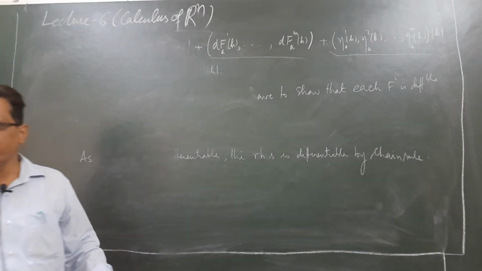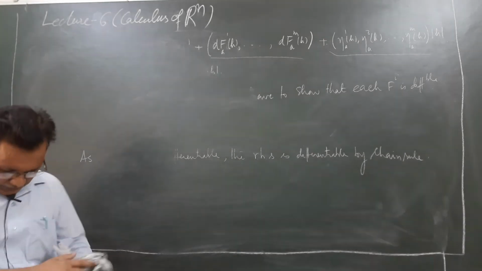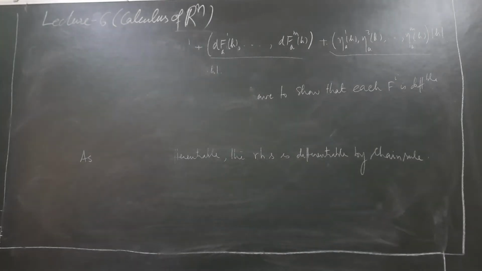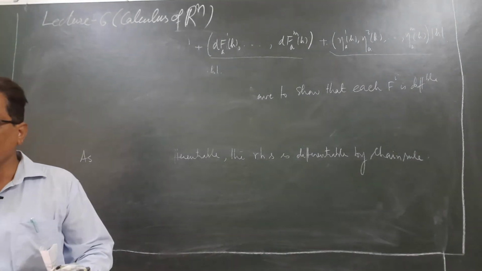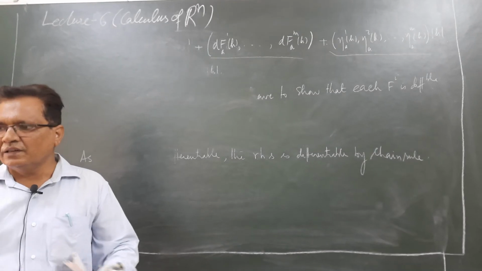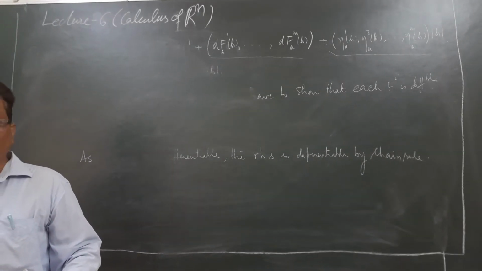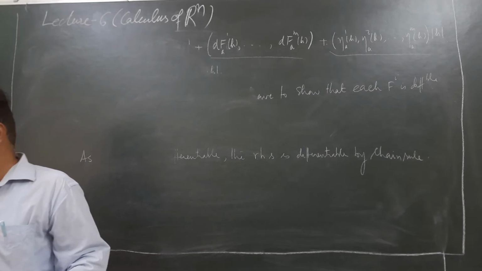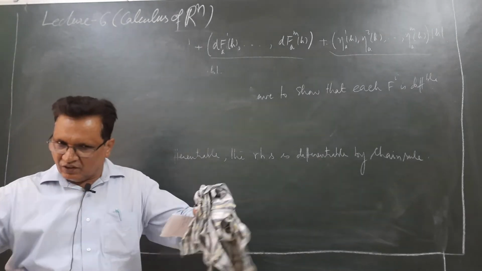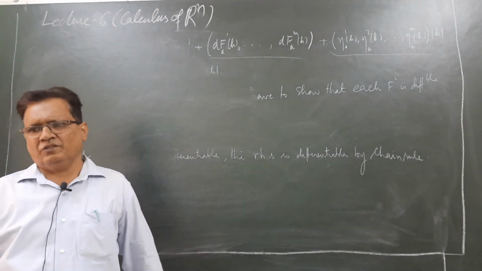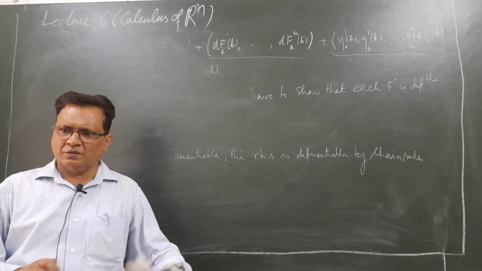If x_i is continuous and f is continuous, then the composition of two continuous functions is continuous, that is also true. But for differentiability, you have to use the chain rule. Without using the chain rule, you can't say it. The chain rule tells you that the composition of differentiable maps is differentiable, and their law of differentiation follows. That is the chain rule in fact. For continuity, we don't have any rule like it.